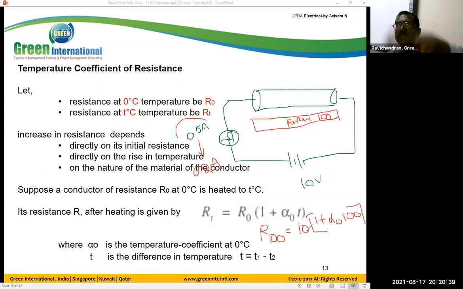How is R0 10? Because from the data sheet, for copper it's 10 ohm, a constant. I will select the value 10 for copper. That 10 is a tentative value, not the exact number, as I said just now.